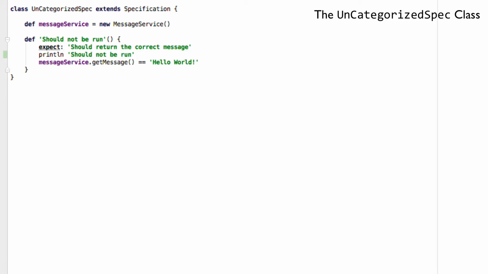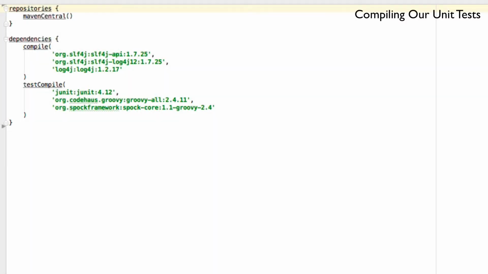Let's move on and find out how we can compile our unit tests with Gradle. Because our unit tests use the Groovy programming language, we have to compile them by using the Groovy plugin. Before we can use this plugin, we have to apply the Groovy plugin.